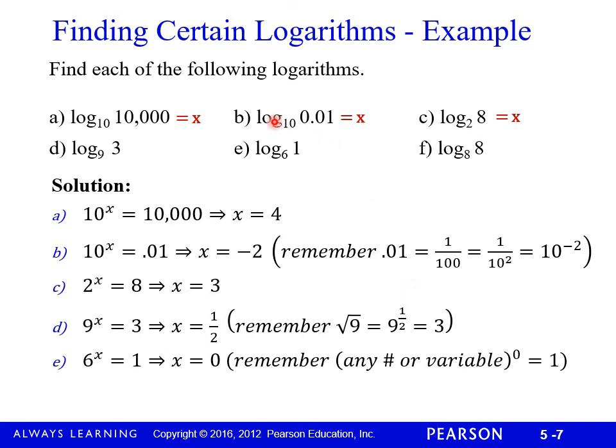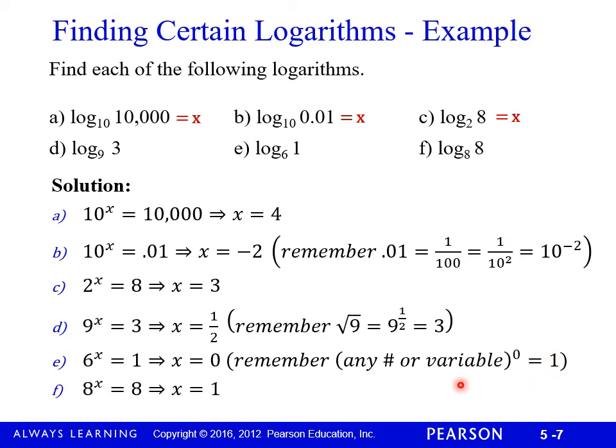So whenever you're taking the log of 1, it doesn't matter what the base is. This could be 6, it could be 9, it could be 10, it could be 2. If you're taking the log of 1, the answer is always 0, because any variable raised to a 0 exponent equals 1.